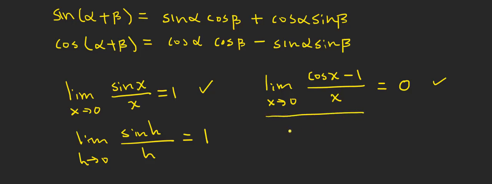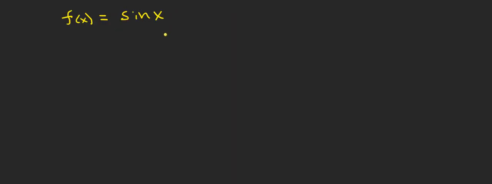Now we're going to see the proof that the derivative of sine x is cosine x. So if f of x equals sine x, what is the derivative of sine x? Well, let's use the definition of derivative.